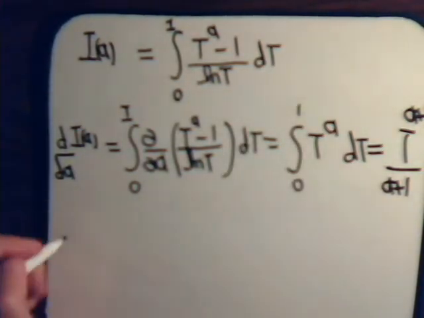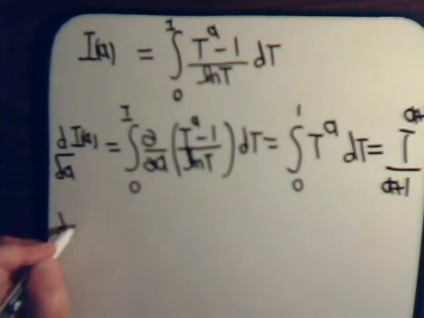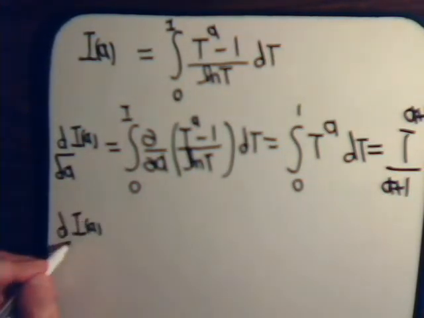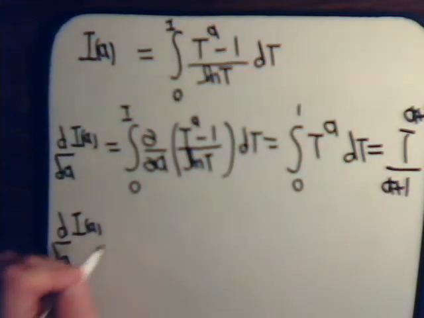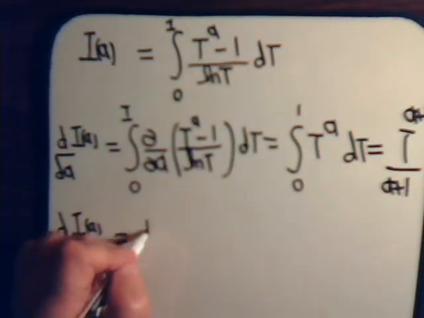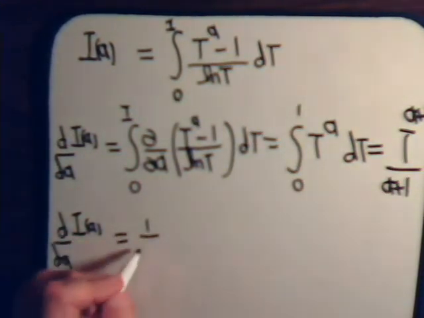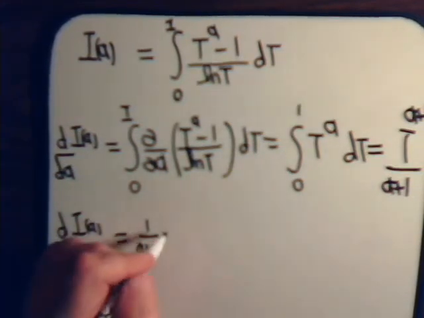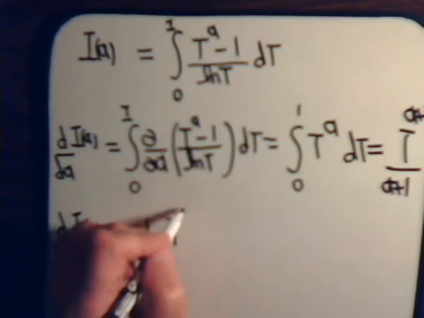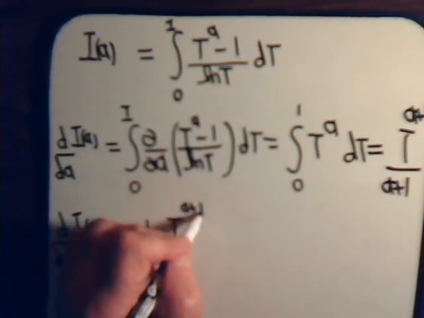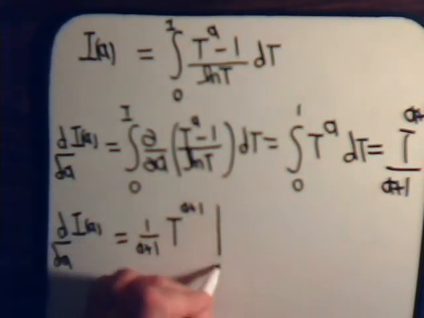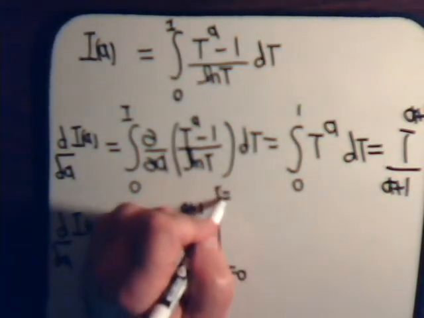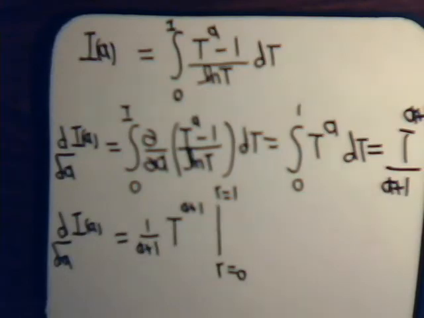So what we have right now is this derivative equals 1 over a plus 1 times t to the a plus 1, where t goes from 0 to 1.